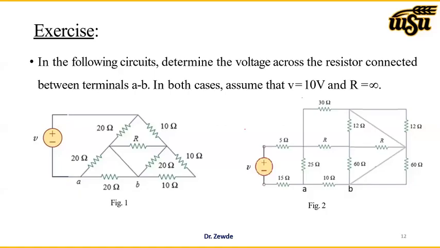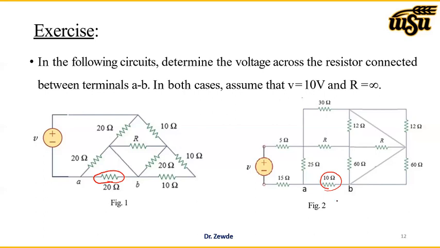Okay. Now, in this example, there are two questions, and in both cases, our goal is to determine the voltage across the resistor between terminal A and B. So we just want to find the voltage across this resistor, and here also we want to find the voltage across this.